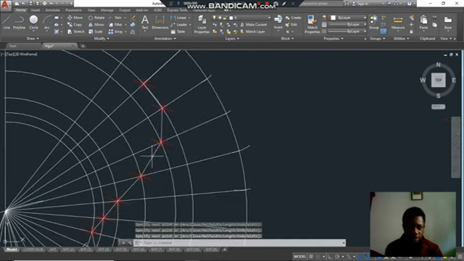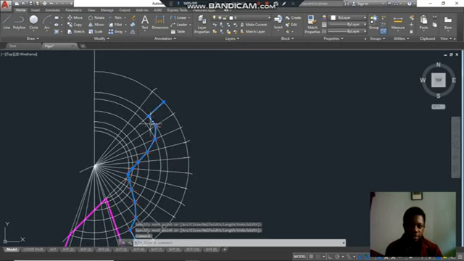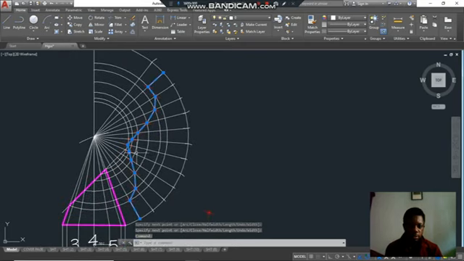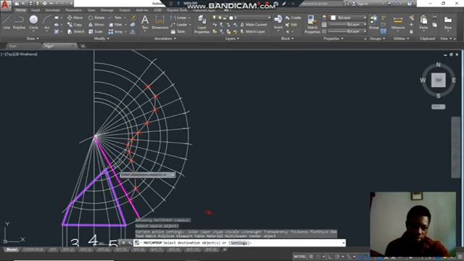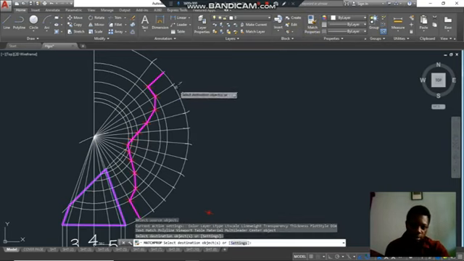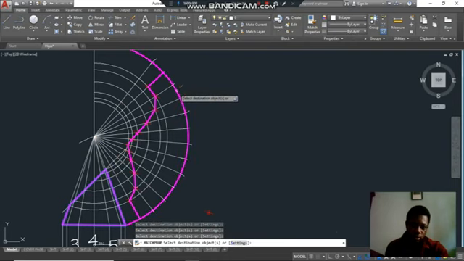Now we have this curve like this. This is a curve line. Okay, let's make it thick. Let's make it this, and this also will be this.